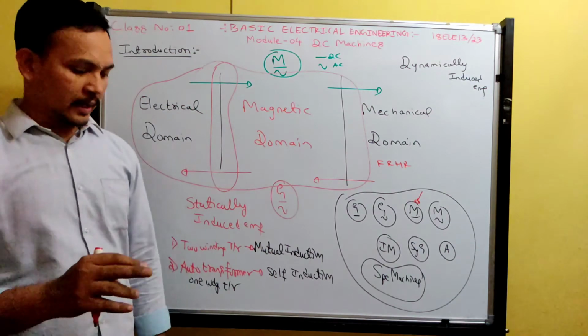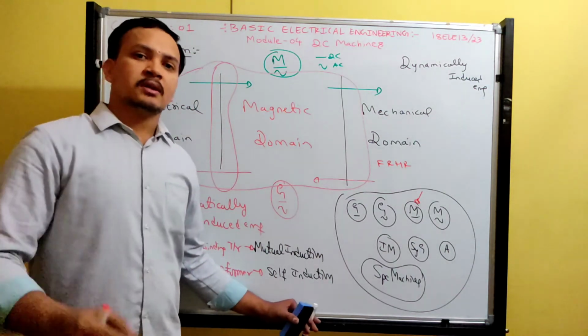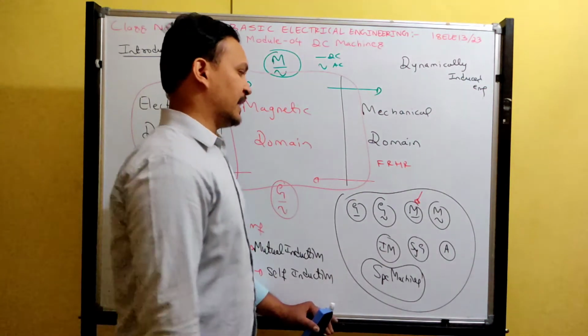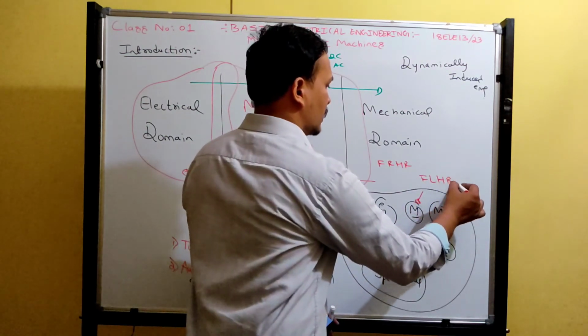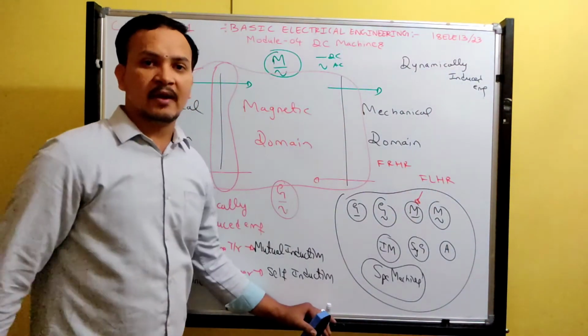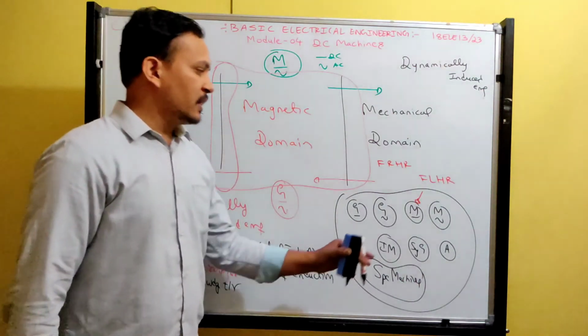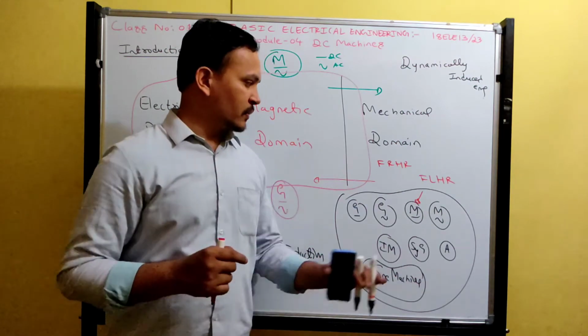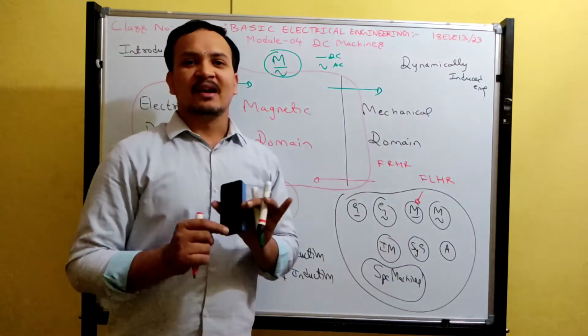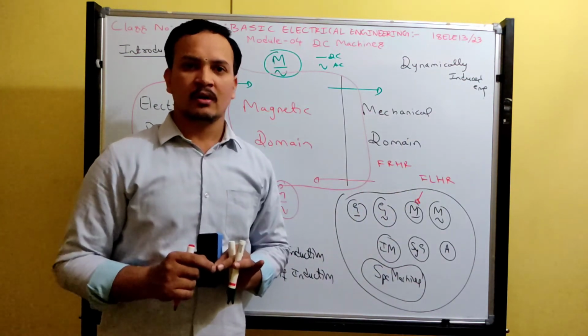When both fluxes interact together, they produce a mechanical force. The direction of that force is determined by Fleming's left hand rule. So in a motor also generating action takes place. That's why the basic principle is dynamically induced EMF.